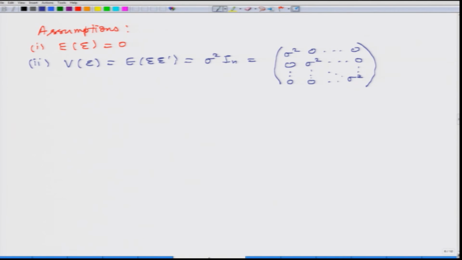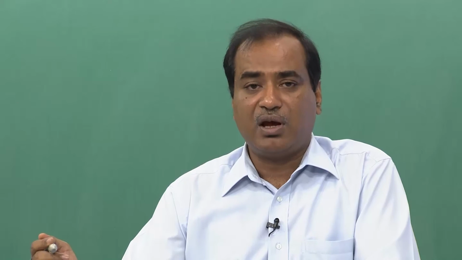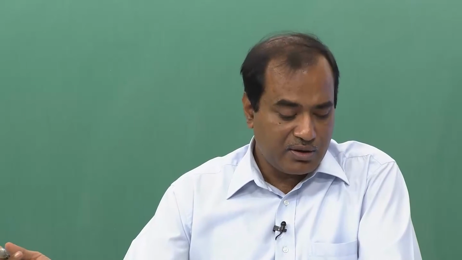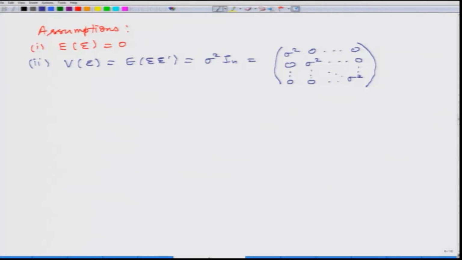Okay. So, we can see from this matrix that we are assuming that all epsilon 1, epsilon 2, epsilon n have the same variance sigma square and they are mutually independent of each other. Right. The third assumption which we are going to make here is that the rank of the X matrix is going to be k.